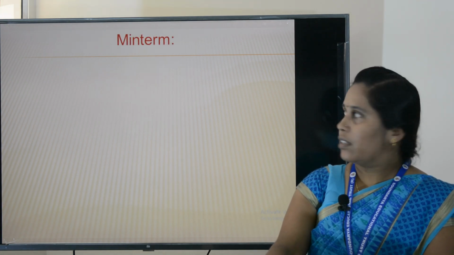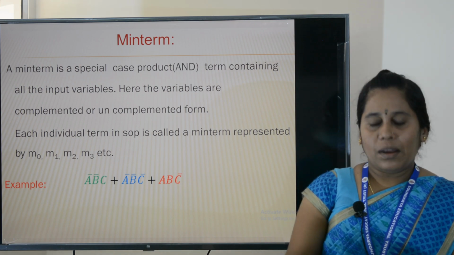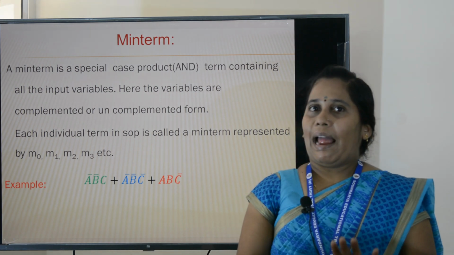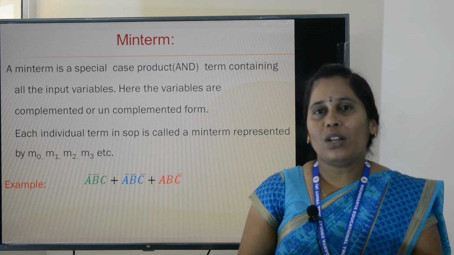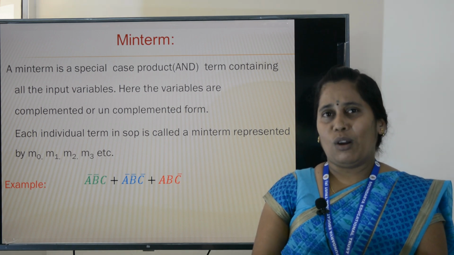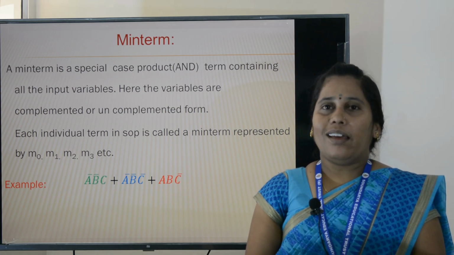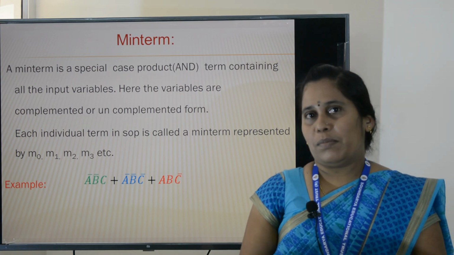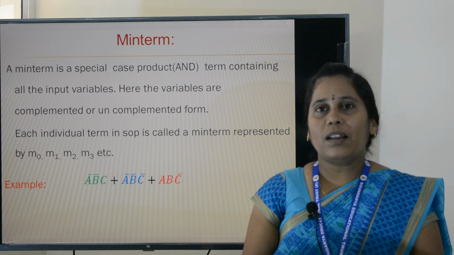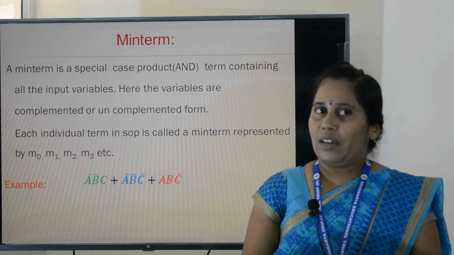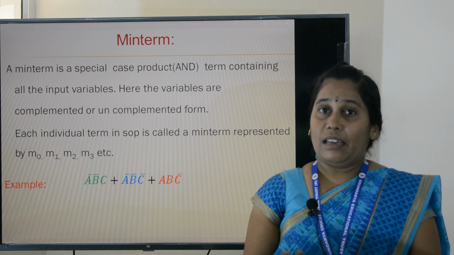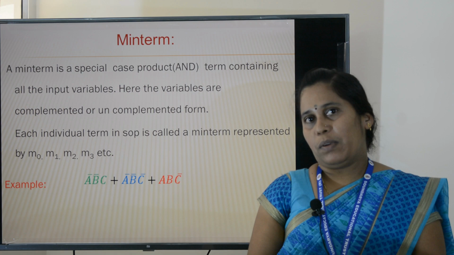The next one is minterm. A minterm is nothing but a logical AND function. It is a special logical AND function. Why is it special? In this, all the variables must be present. In the simple AND function, some of the variables may be missed out, but here all the variables must be present.